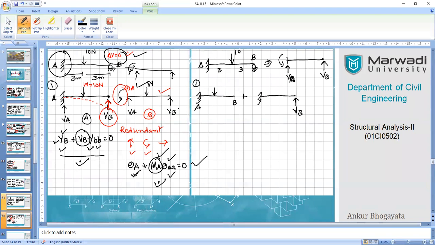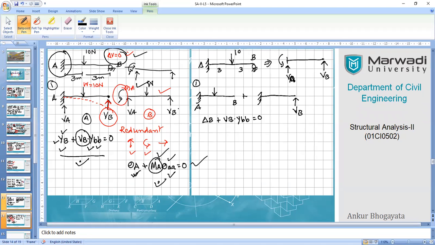For this, we can write the condition that the deflection at B due to external load plus VB into the deflection at point B due to the redundant unit load becomes 0. So this is the necessary condition.